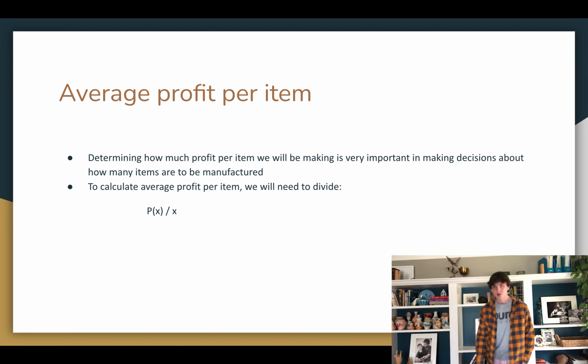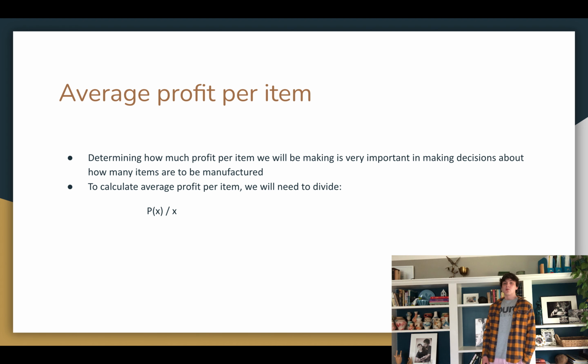So the next step in our process of determining the highest average profit per item, we're going to need to come up with a formula to determine the average profit per item.